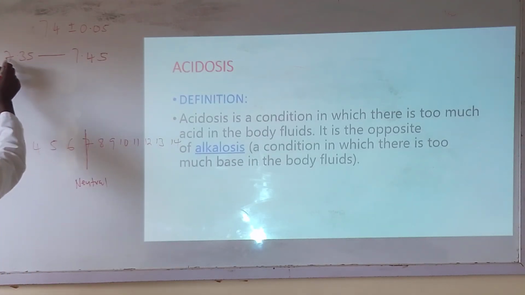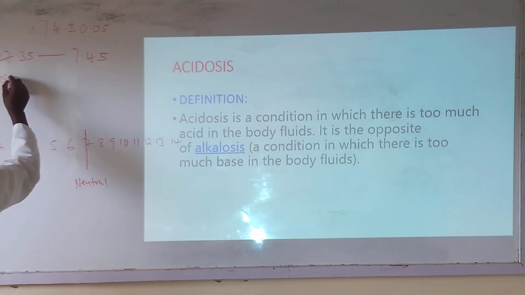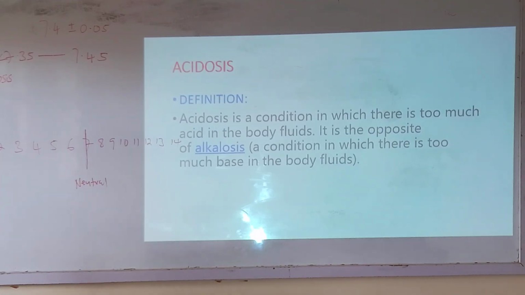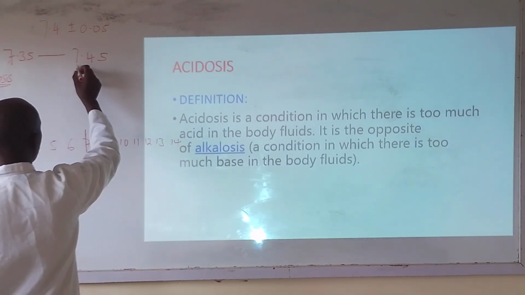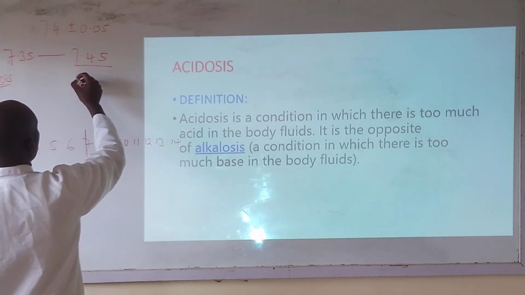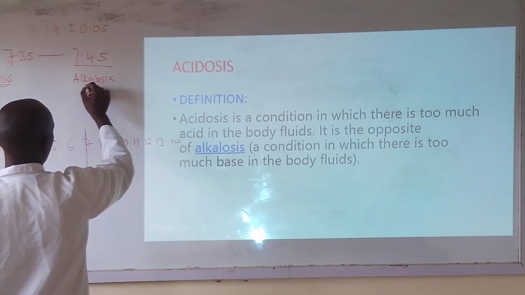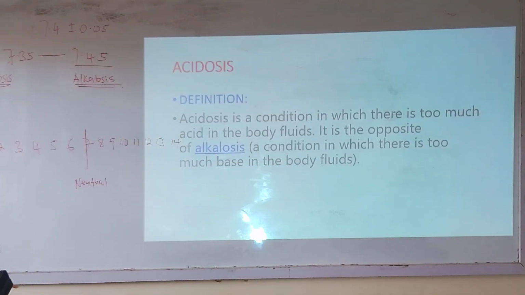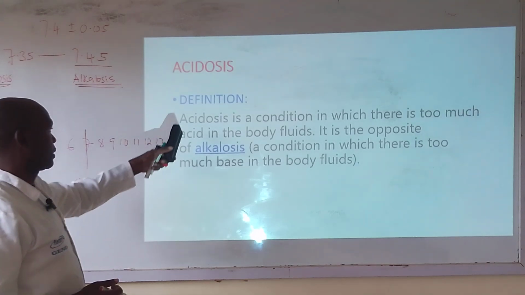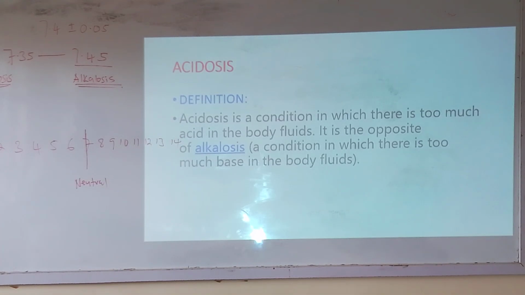Meaning anything below this is what we call acidosis. If your pH falls below 7.35, then we shall be heading towards acidosis. And if your pH goes beyond 7.45, we will be heading towards alkalosis. That is why in this definition, acidosis is understood to be the opposite of alkalosis.